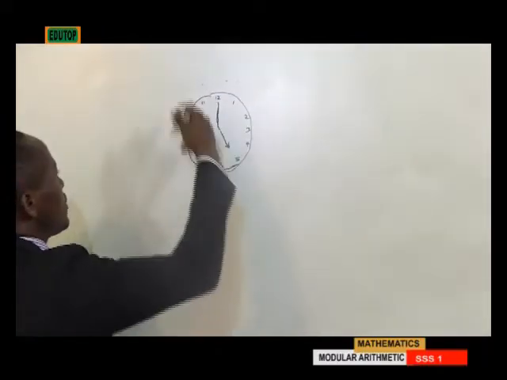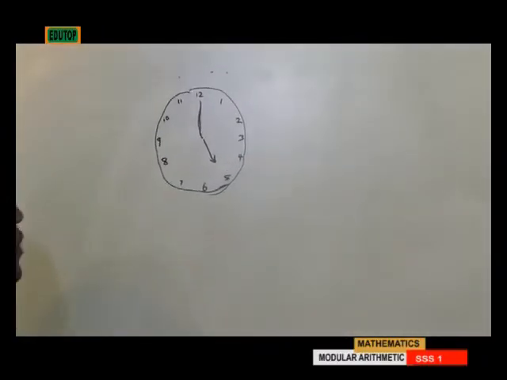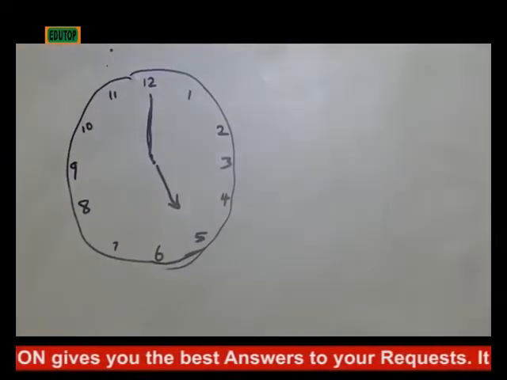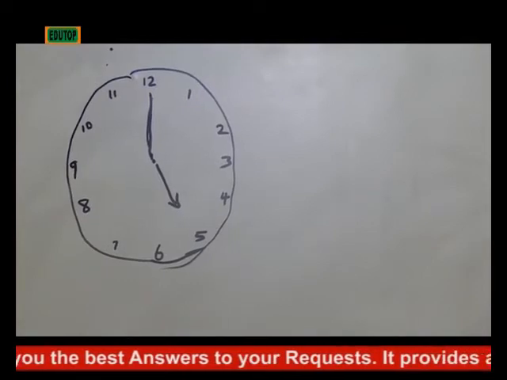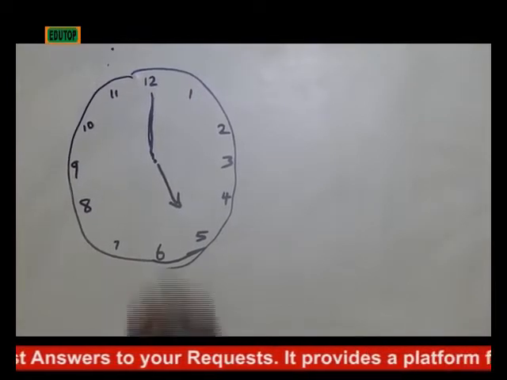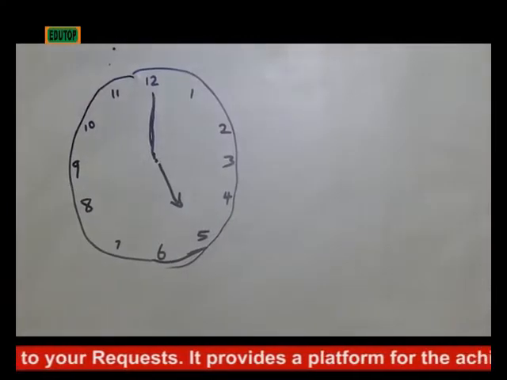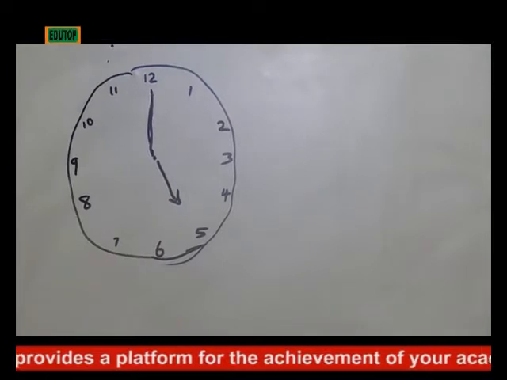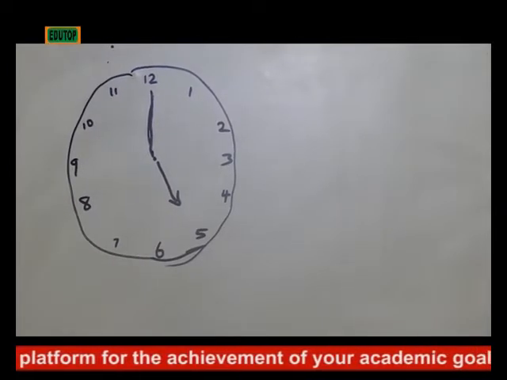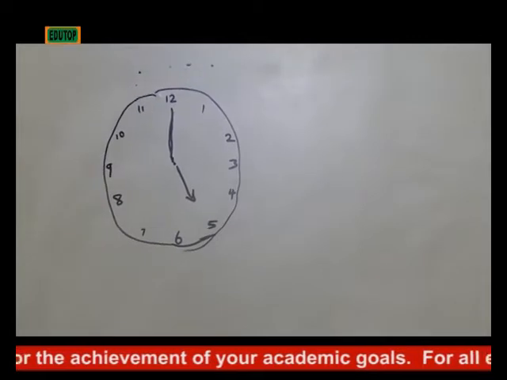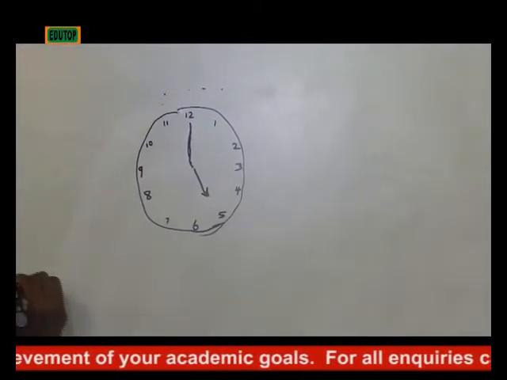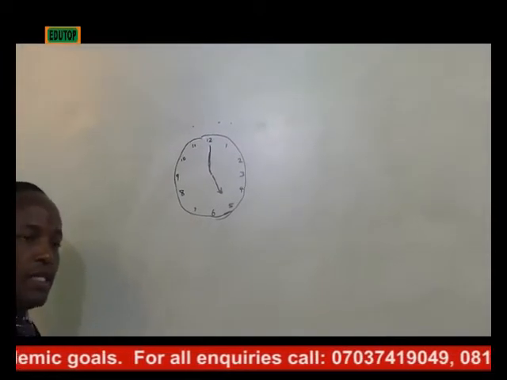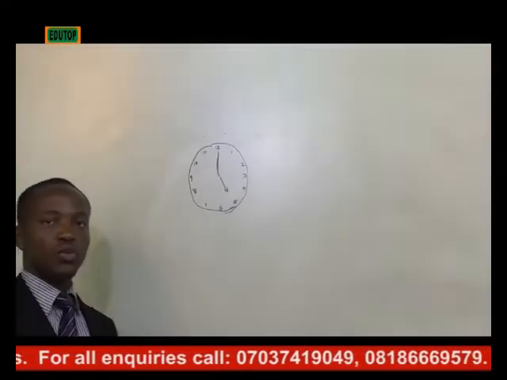Well, we know that for this clock we only have 12 possibilities. That is, our numbers range from 0 to 11, which means our numbers must not reach more than 12. And let's not forget, in our modulo, based on what I explained the other time, we add, then we check the multiples of 12, and the remainder is what we concentrate on.